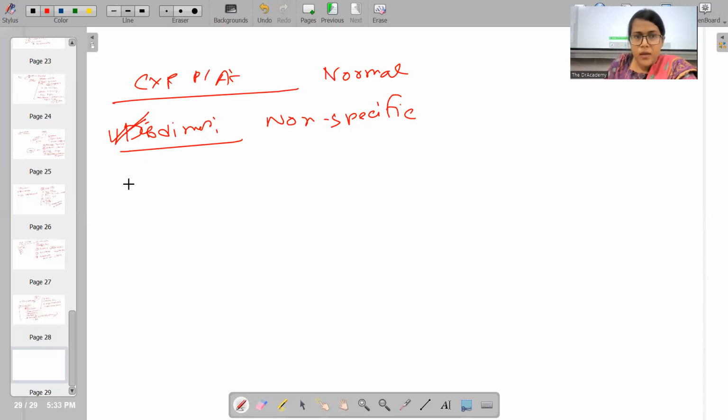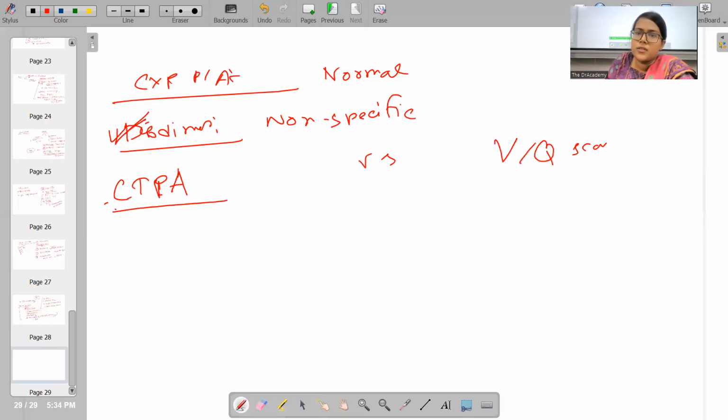Okay. Number 3, a very, very important line of investigation is CTPA, or CT pulmonary angiogram, versus ventilation perfusion scan, or the VQ scan. So CTPA can be done within few minutes, it's a very speedy procedure.